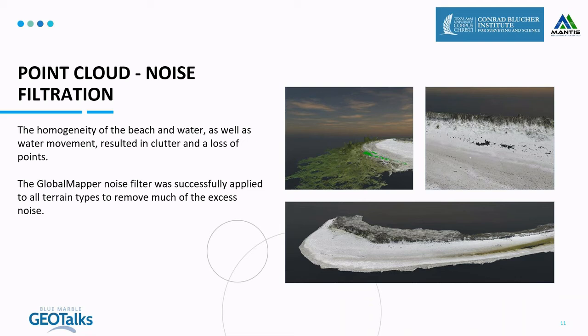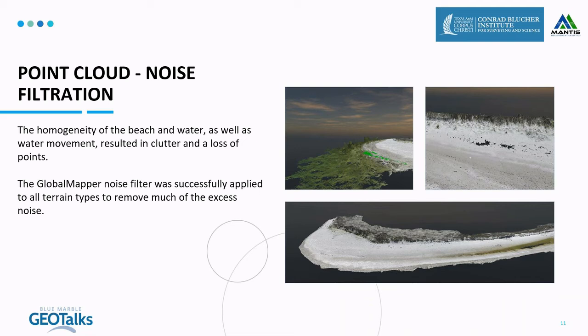Also, you sometimes have a lack of points, because the homogeneity of the beach and water means structure from motion can't pick out unique features. If it can't identify unique features in a homogeneous environment, it sometimes results in a lack of features. You'll see that in the top right image there.